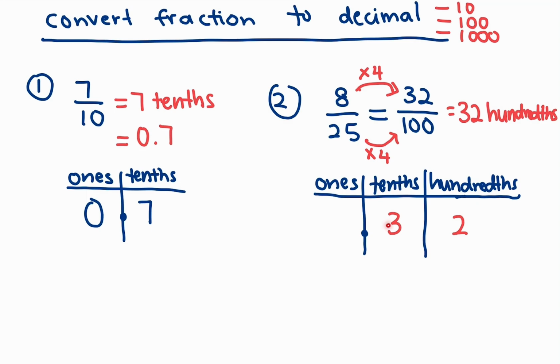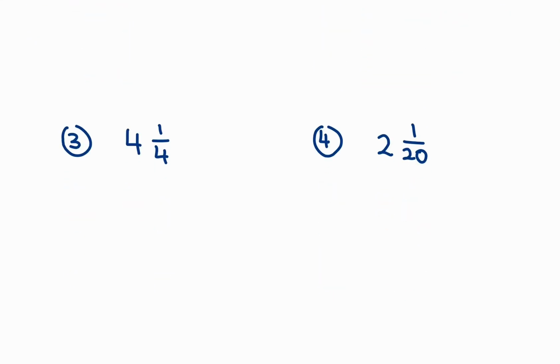Now, what must you put at the ones place? 0 as your placeholder. Okay? So it equals what? 0.32. Can you see your answer pops out immediately? Yes? Okay? Next. Let's try the next one.